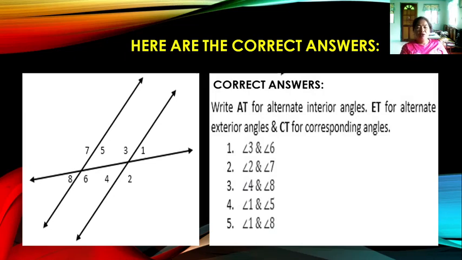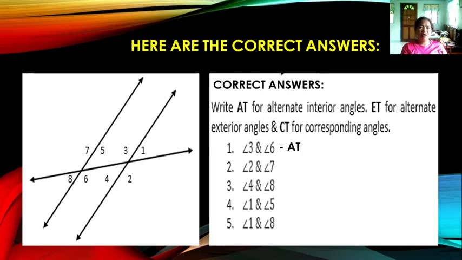First, what is the relationship between angles 3 and 6? Okay, the correct answer is alternate interior angles, AT. Angles 3 and 6, because they are located inside or within the transversal line. Another, angle 2 and angle 7.